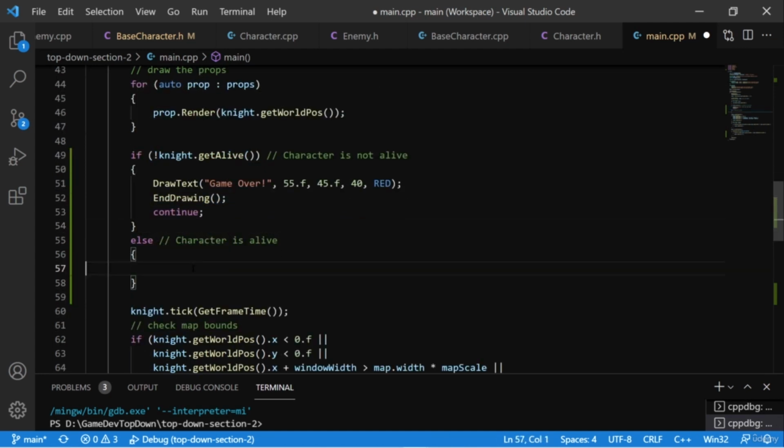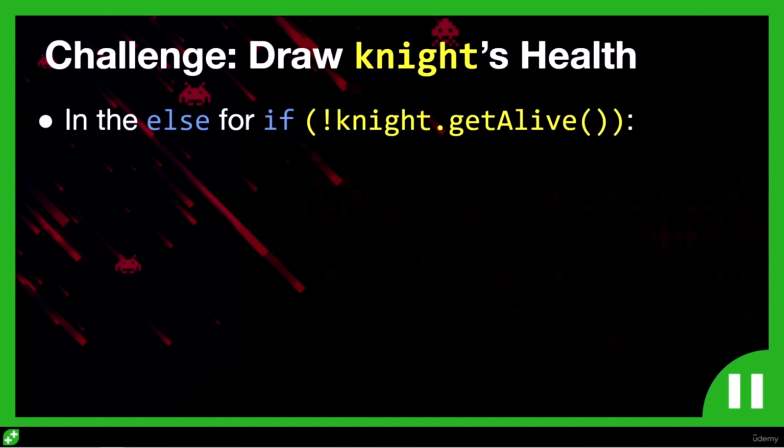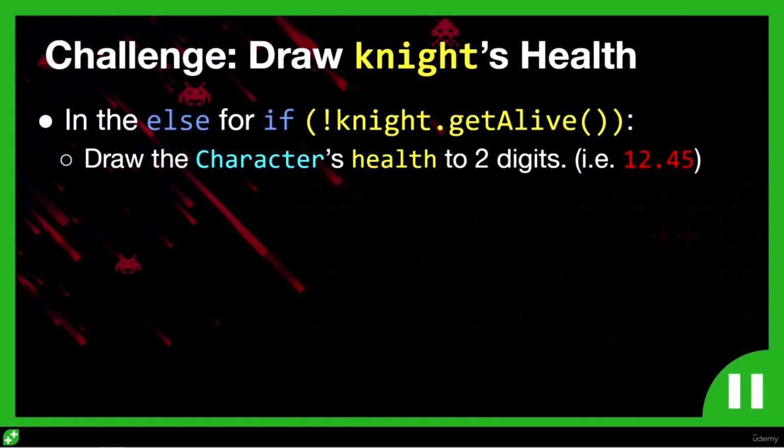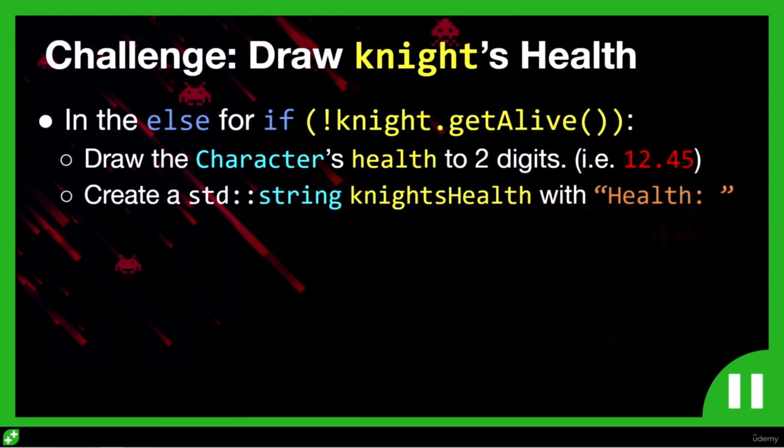But what about the else case when the character is still alive? This is where we'd like to draw the character's health. So this will be your challenge. In the else case for the if statement, you're going to draw the character's health to 2 digits. You'll first create a standard string called knightsHealth, initialized with the string literal "Health: " with a colon and a space at the end.